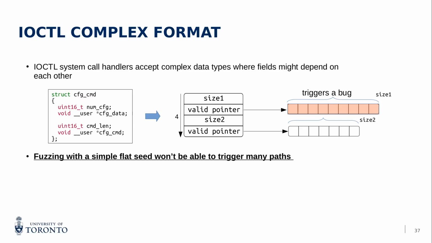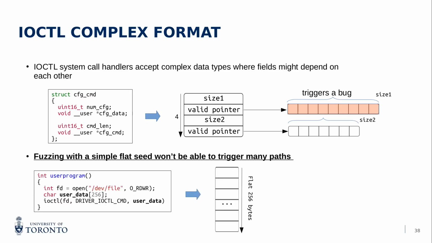Such complex field interdependencies are hard to figure out with purely static analysis. In case we use a naive approach to choose fuzzing seeds, something like as shown below, and provide a flat random byte array as input during fuzzing, the driver won't find pointers at expected locations, and we won't be able to trigger many new paths.